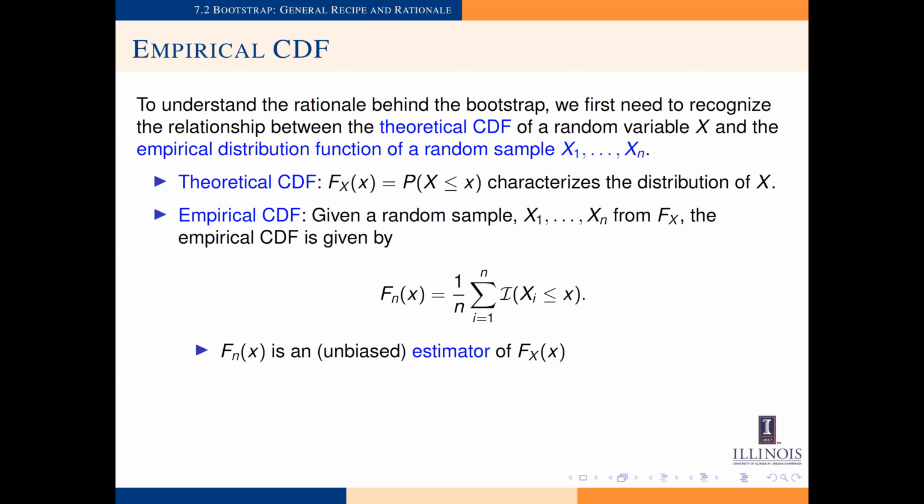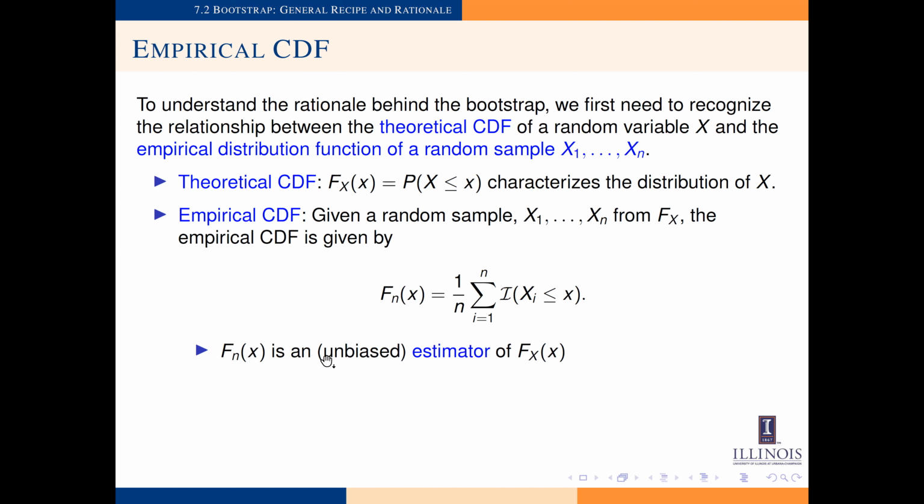What you can see from here is that Fn of x, the empirical CDF, is an unbiased estimator for F_X of x. So it's a sample mean. You can see that its expectation is equal to the expectation of the indicator function, where the expectation of the indicator function is just the probability P(X is less than or equal to x), and that's F_X.